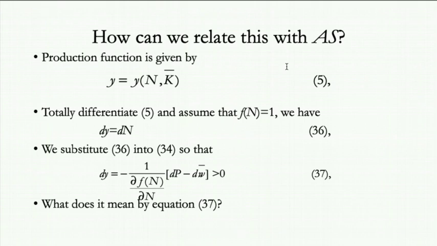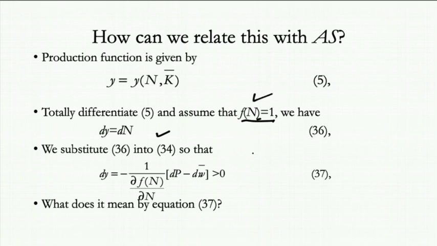Let's say we have the production function here, a constant capital, Y as a function of labor and fixed capital, and then we need to totally differentiate 5 and assume that fn equals 1. So we're going to have this. You try at home first how to totally differentiate 5 so as to get 36 using this assumption.